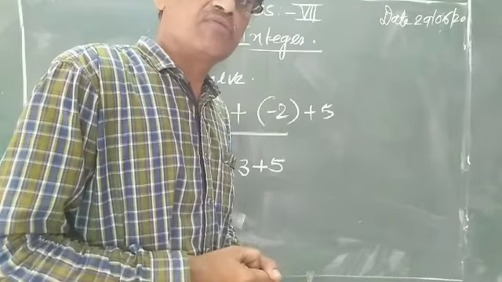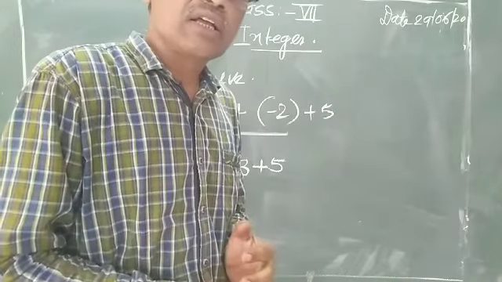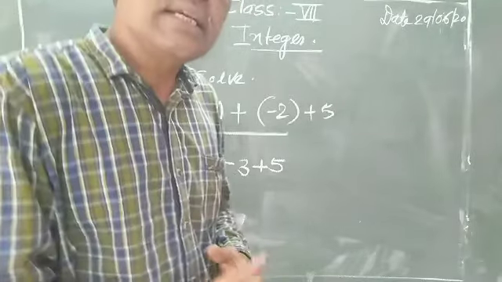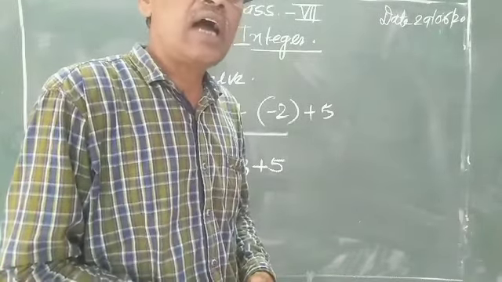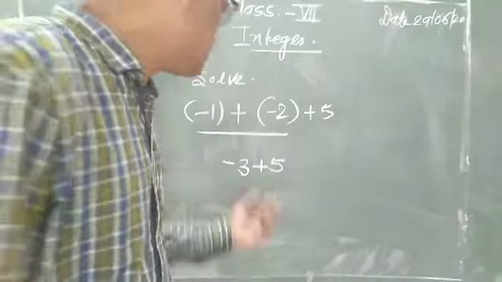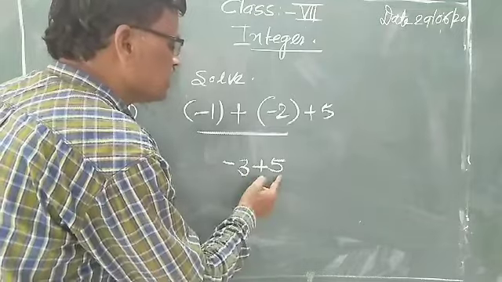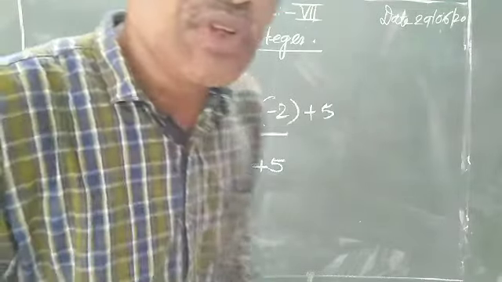When there is a different sign, we can take their difference and apply the sign of the greater number. What is the difference of -3 and 5?